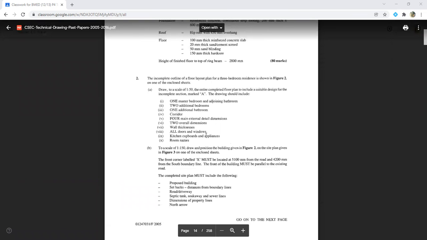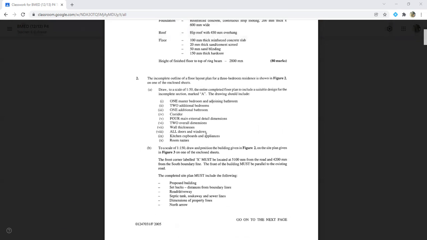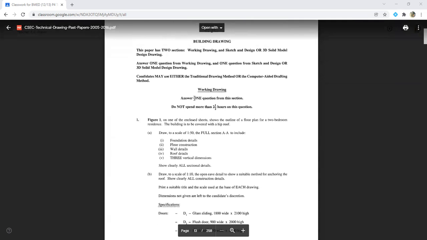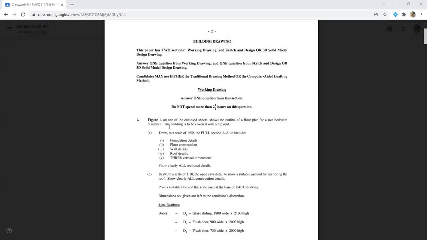You have the choice to choose among 2 questions, so you would have to look at both questions and decide which one you want to do. First, this is the condition, this is the problem. Figure 1 on the enclosed sheet shows the outline of a floor plan for a 2-bedroom residence. The building is to be covered with a hip roof.